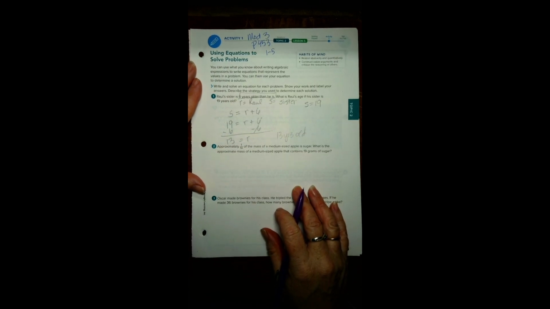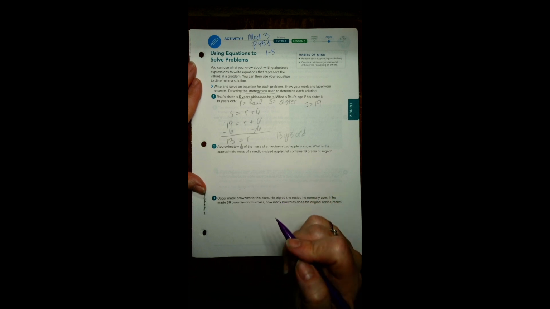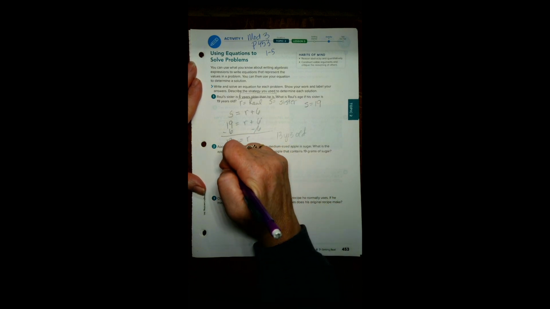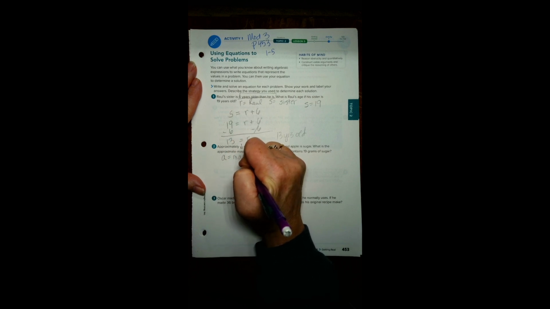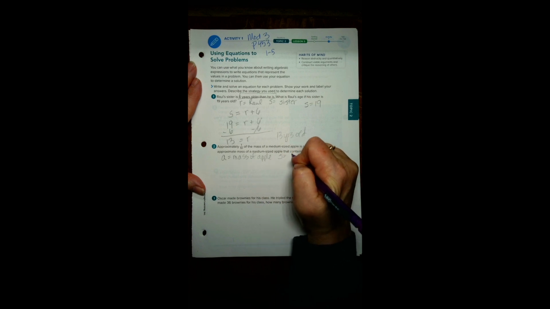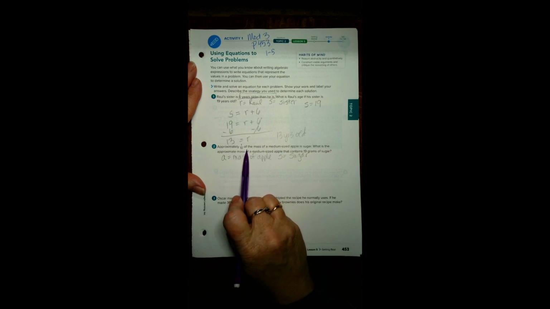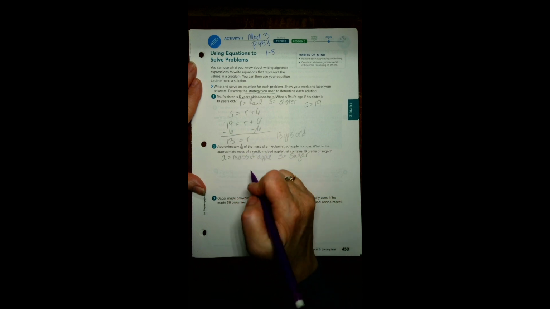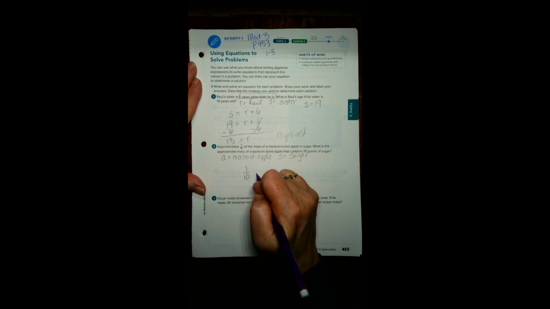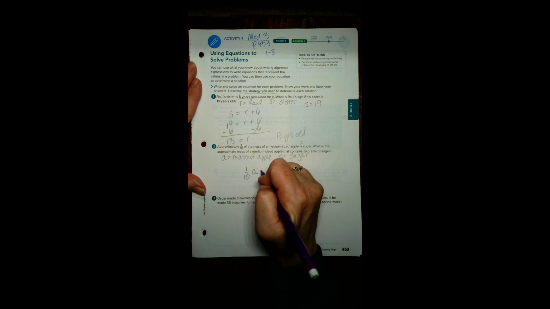Number 2, approximately 1/10 of the mass of a medium-sized apple is sugar. What is the approximate mass of a medium-sized apple that contains 19 grams of sugar? So we'll have A for the mass of the apple, and obviously S for sugar. Okay, so 1/10 of the mass of the apple is sugar.